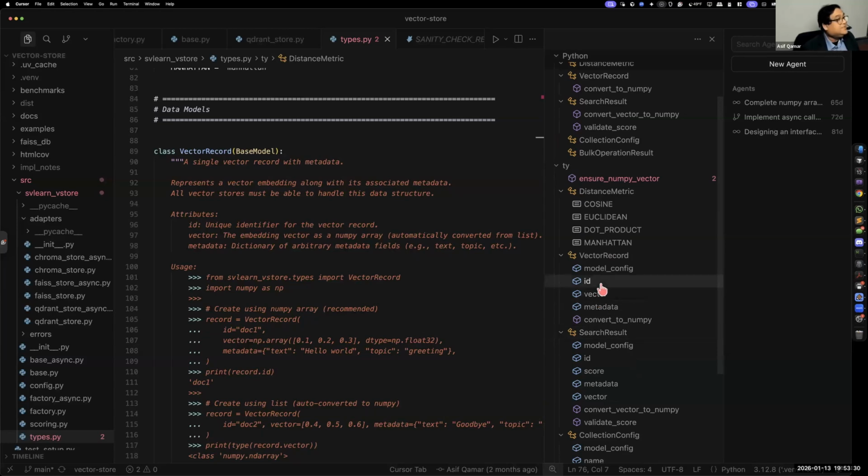Vector, it contains an ID. Why do we need an ID for a vector record? How will we know which record to go to in the actual source of truth documents database? The vector itself, that will be needed for the vector DB to do the math, k nearest neighbor search. Make sense? And what is the other? Metadata. Metadata is very useful.